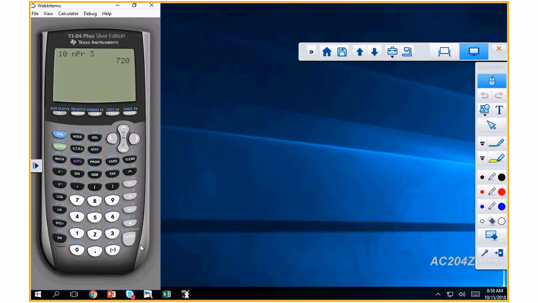Now the good thing about this, hit second entry, and you can pull it up again and change the numbers instead of going through all that. Second entry is second enter, and I can change it to 12, 15, 5. I can change it to 25 and 1, which should be 25.